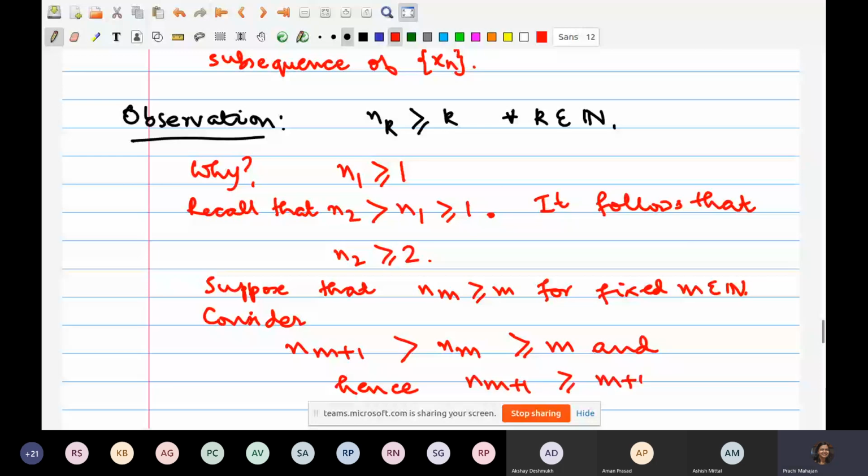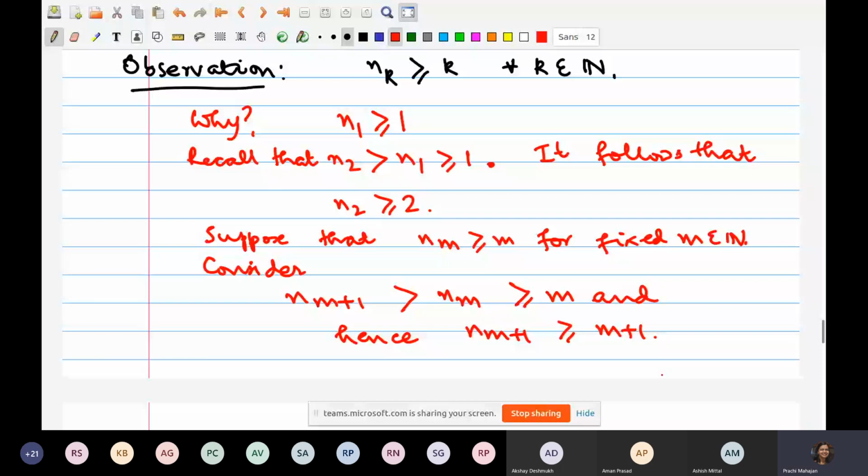So we use the principle of mathematical induction to conclude.